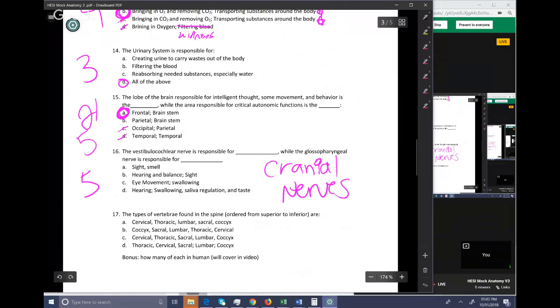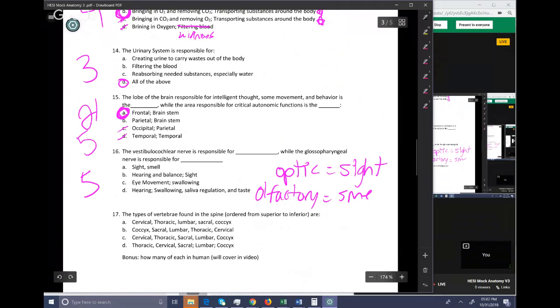They're going to focus on ones that have a reasonably obvious name and function. So like the optic nerve does sight, and you can tell by its name probably that that's the case. The olfactory does smell.